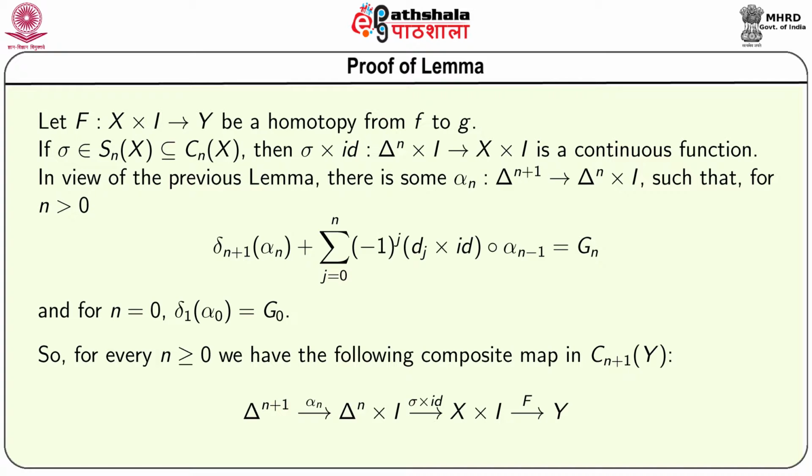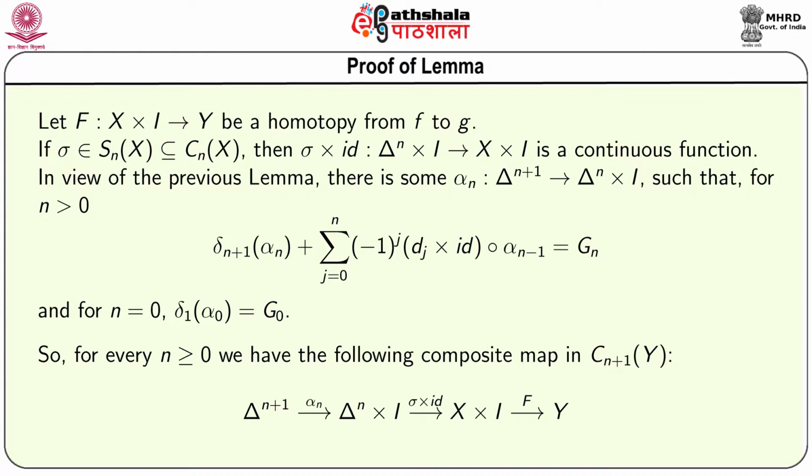If sigma is an element from Snx, that is a generator of Cnx, then sigma times identity is a function from delta n cross I to x cross I, and this is a continuous function.